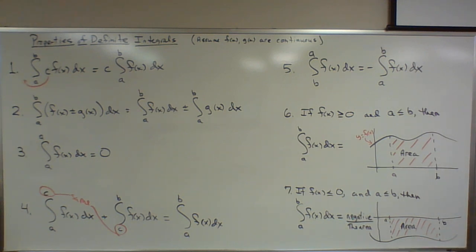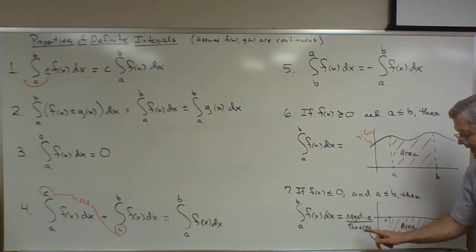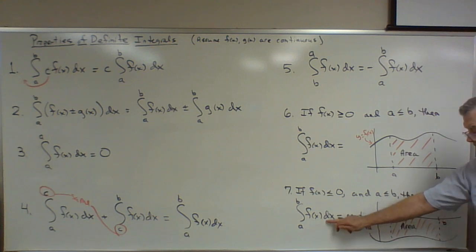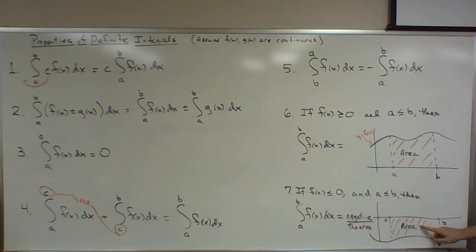Well, in this case, if we take the area between the graph of f of x and the x-axis, the integral from a to b of f of x is going to be the negative of that area. So if the graph of f of x lies below the x-axis and a is less than b, the integral is going to be the negative of the area bounded by the graph of f of x and the x-axis.